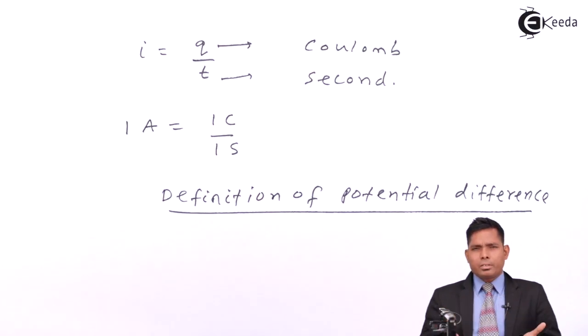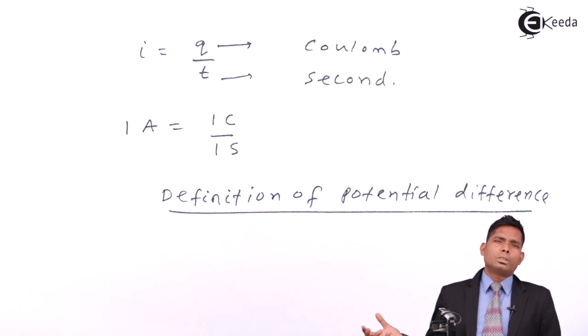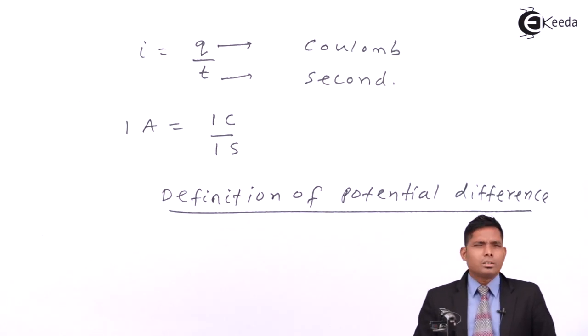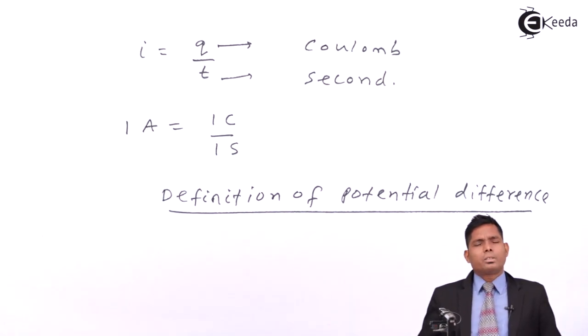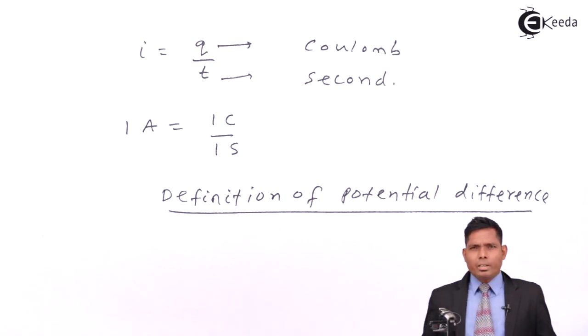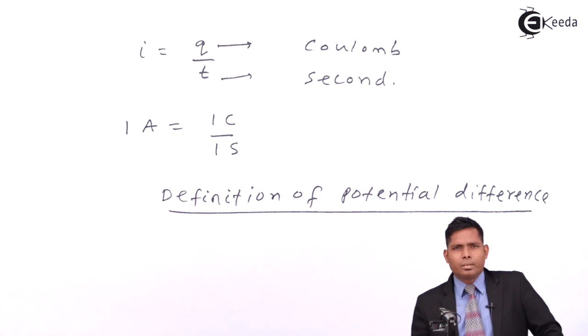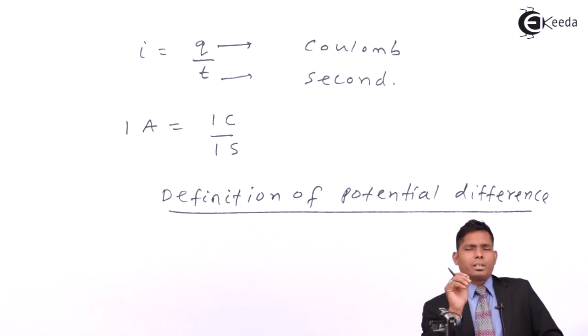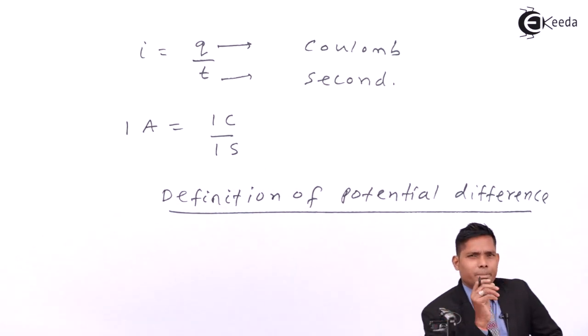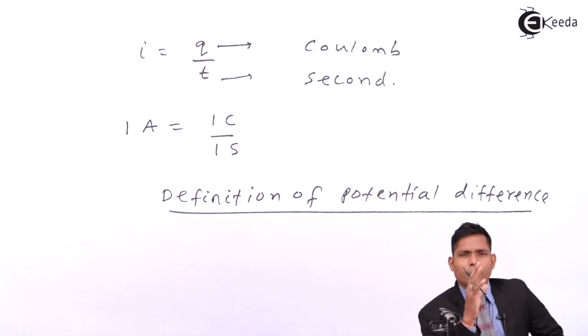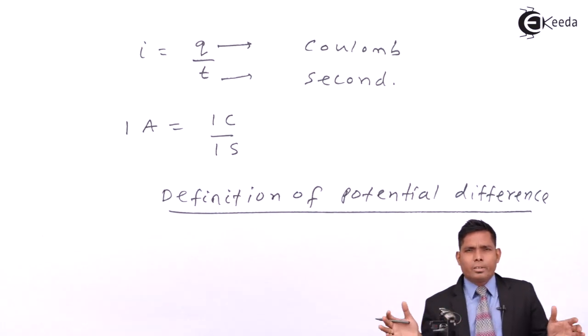It is very insignificant, so it cannot pull other objects towards it, just as the Earth, because of its very heavy mass, pulls objects towards its center. So, as the mass has a gravitational field around it, the charge has an electric field around it, and the magnet has a magnetic field around it. When a charge is placed at any point in space, it will have its own electric field surrounding it.